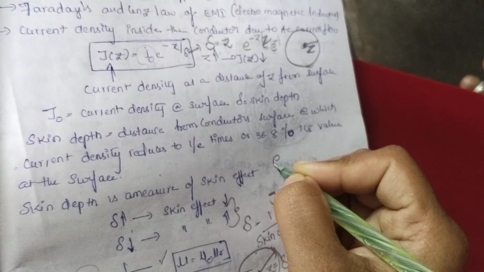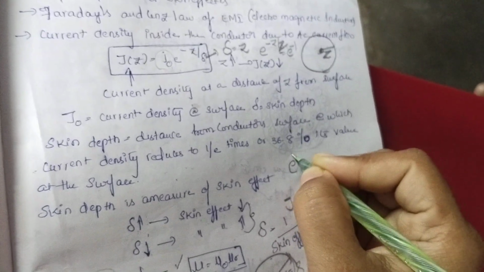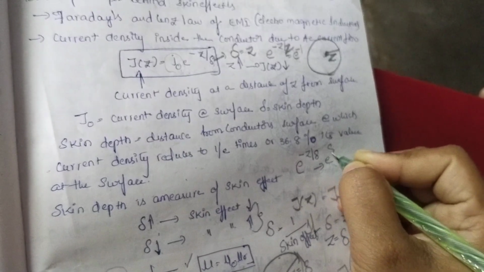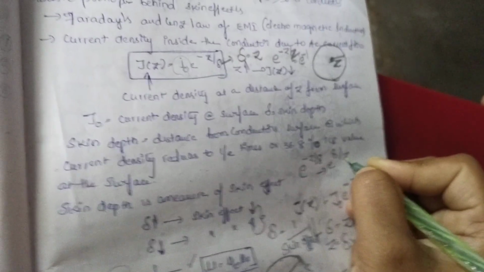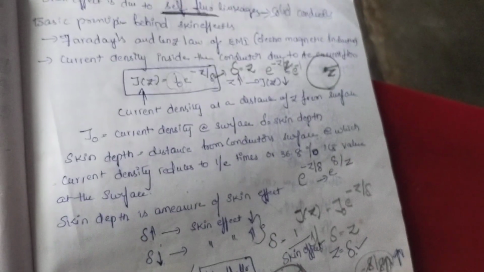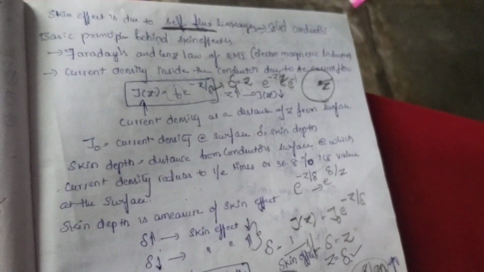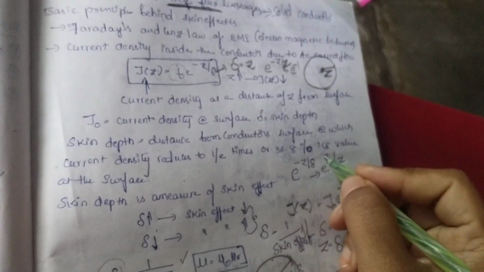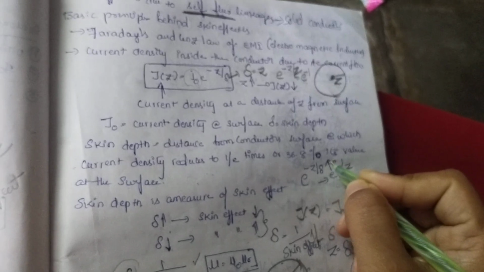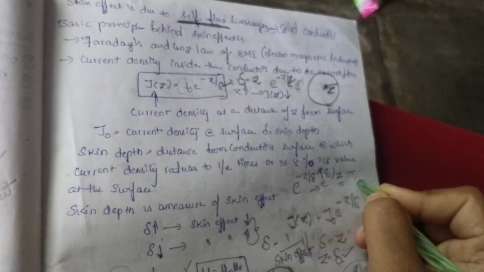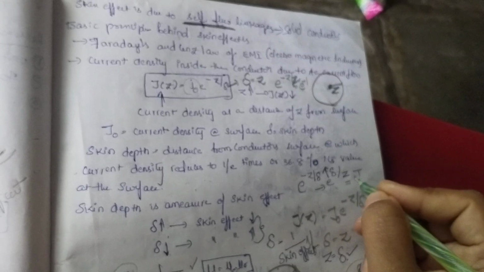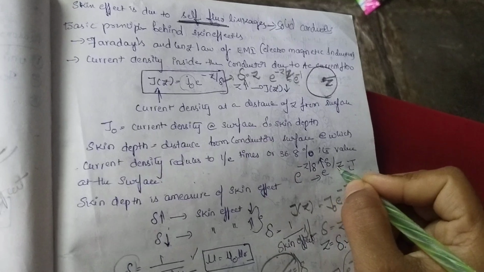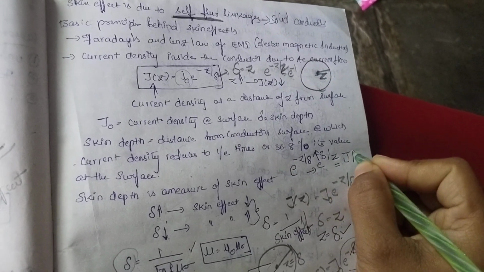We can write e power minus Z by delta as e power delta by Z. If delta increases, what happens to the current density? I wrote e power minus Z by delta as e power delta by Z. If delta increases, J also increases.